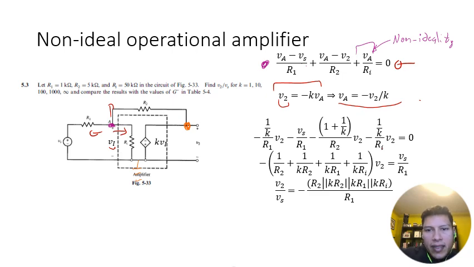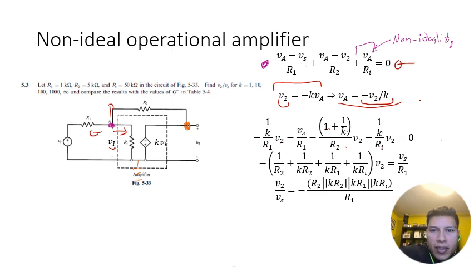So what I did here is I replaced wherever I had a VA with V2 over K. So here I have 1 over KR1, and then 1 plus 1 over K R2, and then I have 1 over KRI.